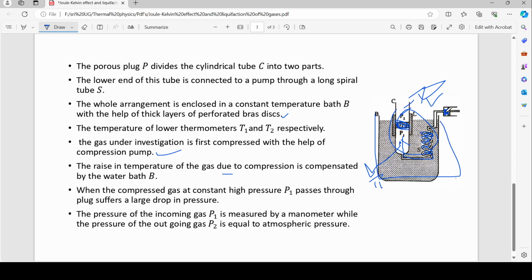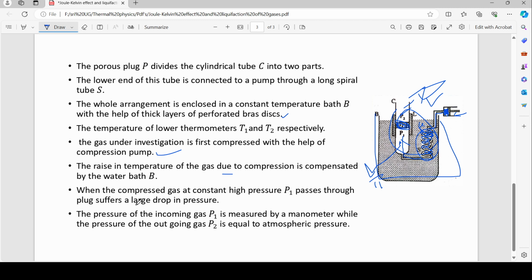When the gas is filled in and you push it with a piston, certain heat is produced here. That heated gas passes in this direction and enters the spiral tube, which is inside the water. Then the heat of the gas comes outside, so the outside water absorbs that heat.